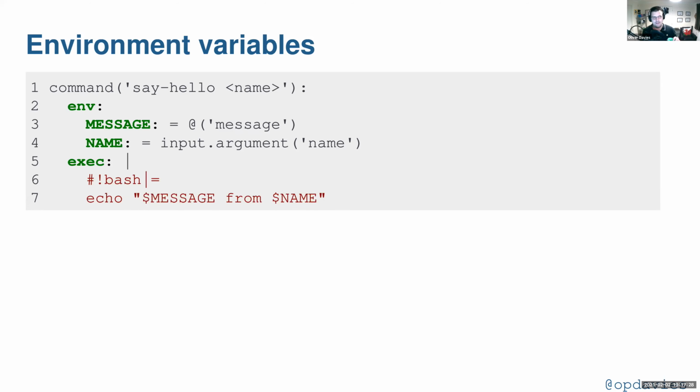You can also use environment variables. So our structure here for our command looks slightly different. We can introduce the exec keyword here at line 5 and just put our command inside this exec key. We can use the env key to make our environment variables. So move our message this time into an environment variable using the same expression language syntax, so equals @message, and then also the name of the person.